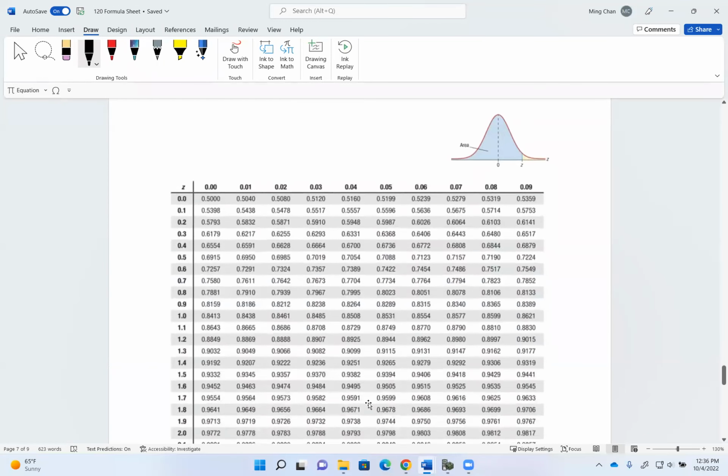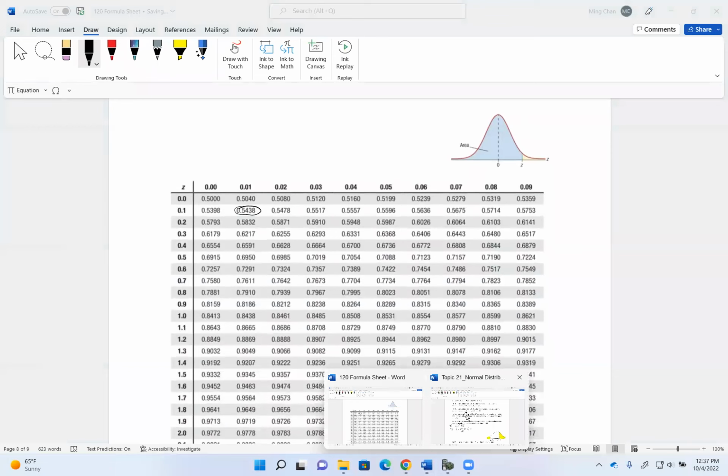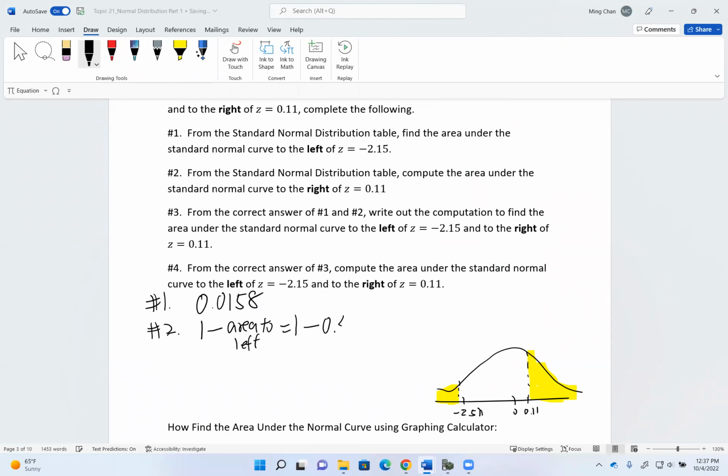Go to the positive, 0.1 and go all the way across to 0.11. That'll be this number right here, 0.5438. So once I subtract, then I should get 0.4562.